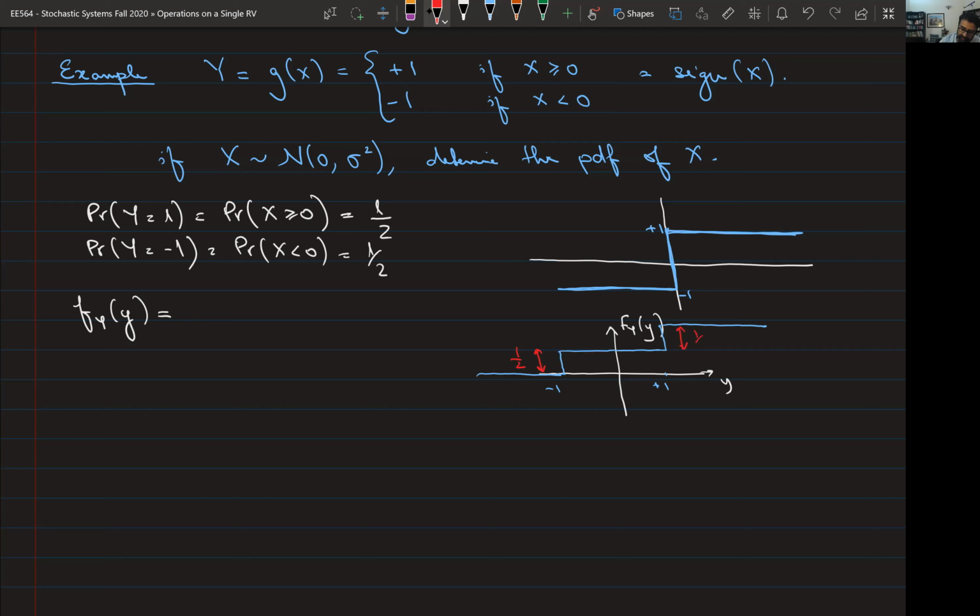If I differentiate this, I am going to have an impulse of height half at -1, and an impulse of height half at +1 as well. So going by that derivative relationship, this is half delta(y+1) plus half delta(y-1), right? So the PDF of discrete random variables can be specified in terms of unit impulses.